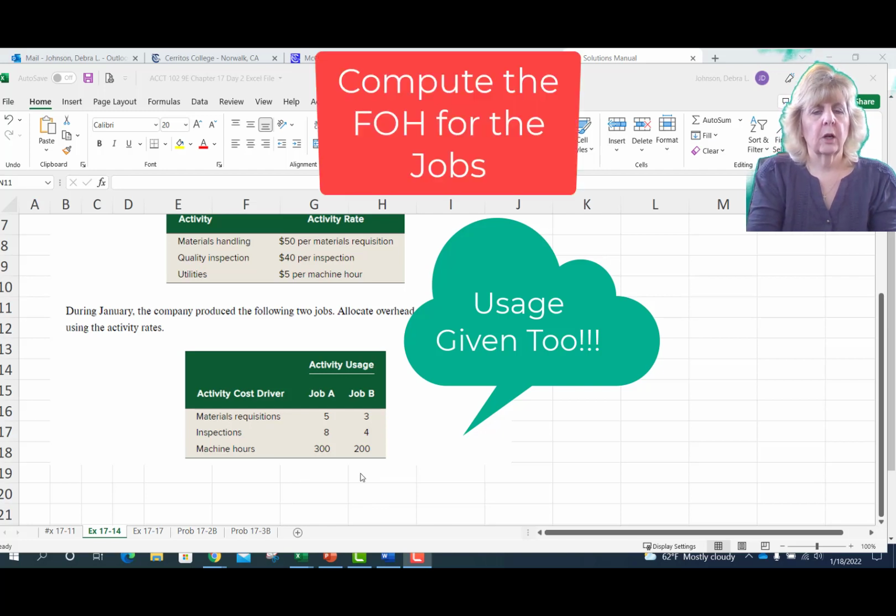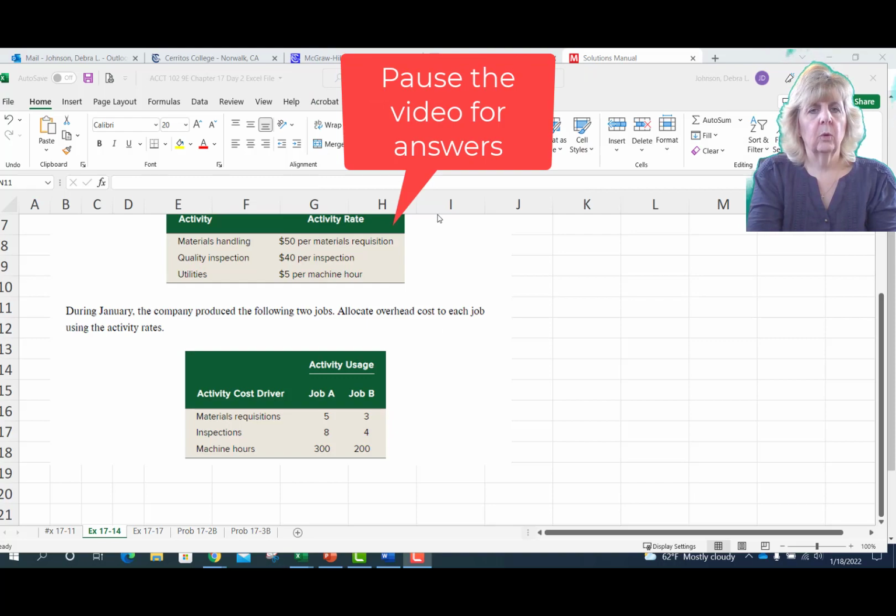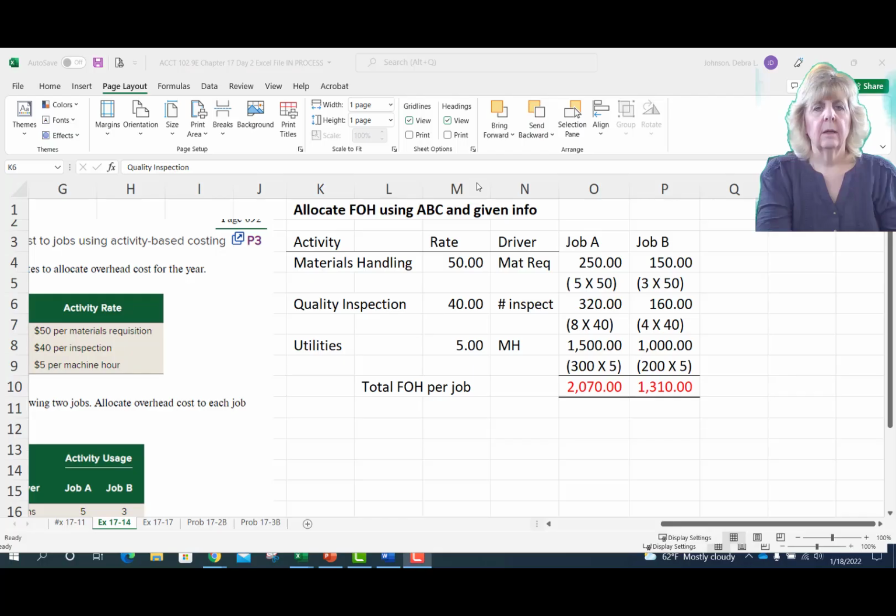And so your job is using those activity rates and using the activity usage. Go ahead and give it a shot and see if you can push the cost down to job A and job B. Pause the video and we'll compare our answer.